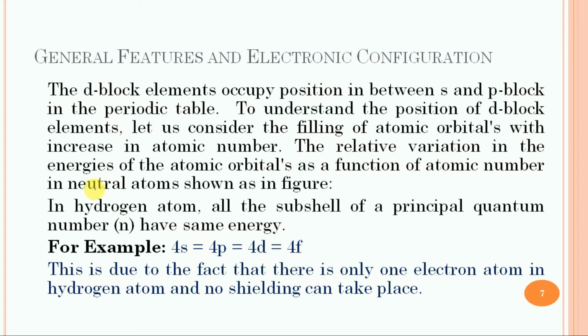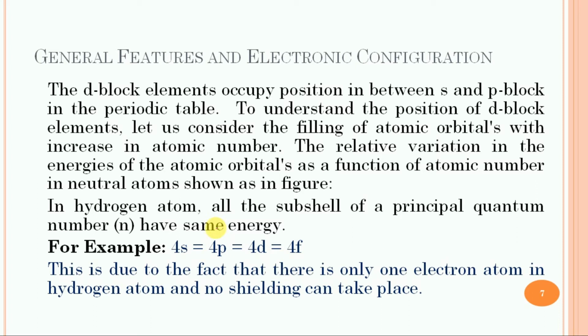In case of hydrogen atom, all the subshells of a principal quantum number n have the same energy. For example, in case of the fourth principal shell, that is 4s, 4p, 4d and 4f, these have equal energy, and this is due to the fact that there is only one electron in the hydrogen atom and no shielding can take place in case of it.